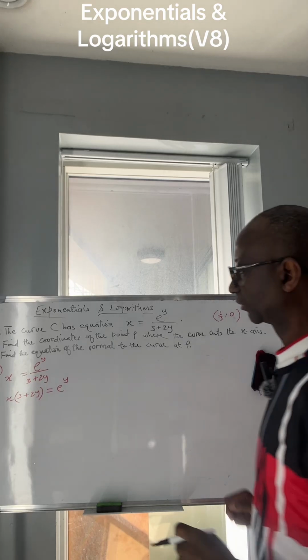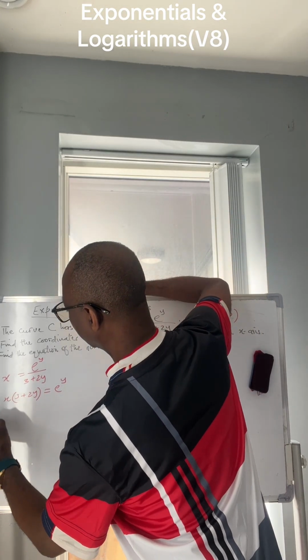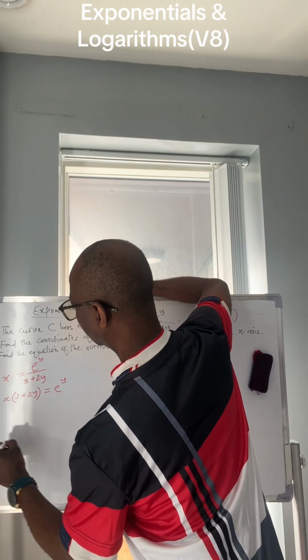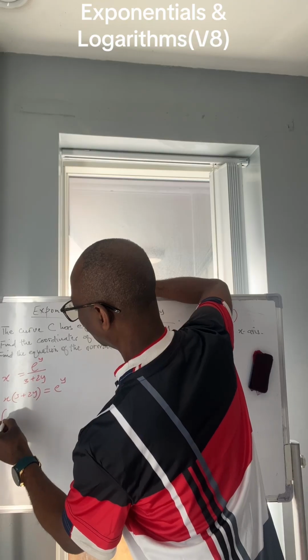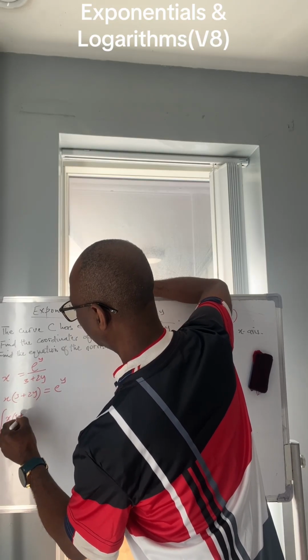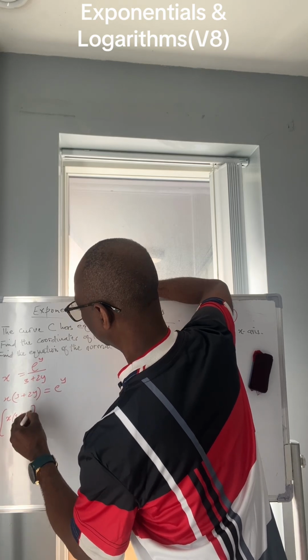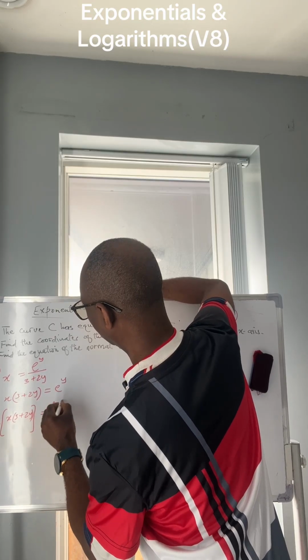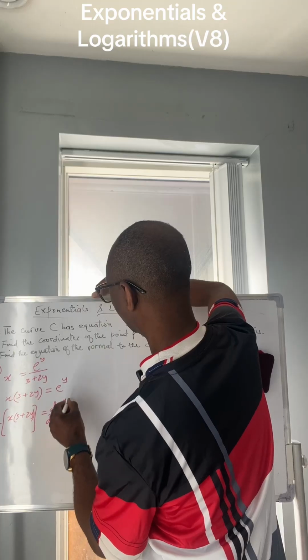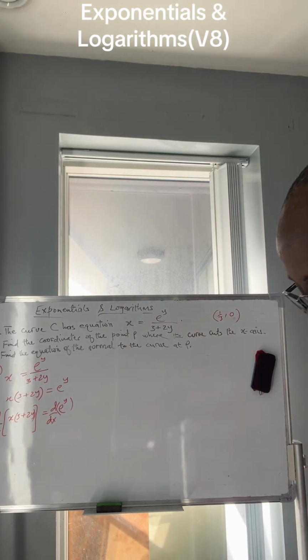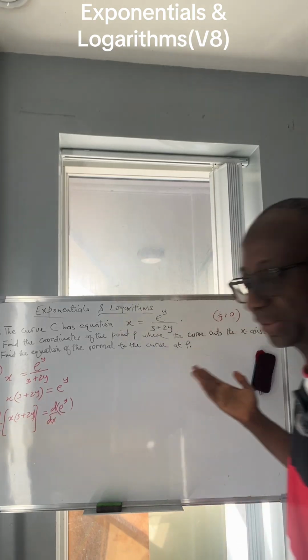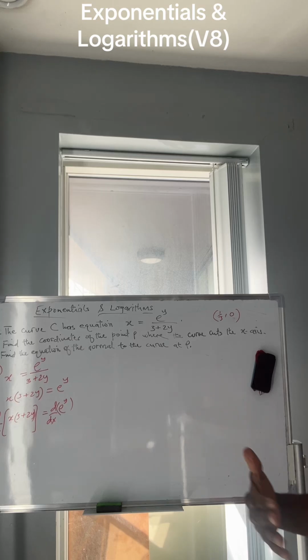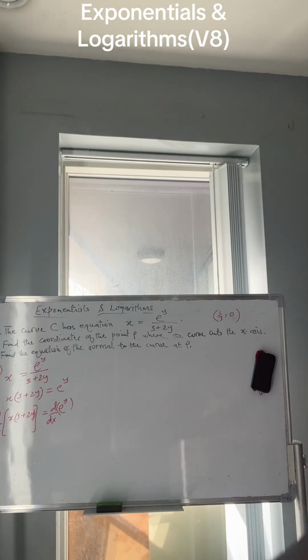We are going to differentiate d dx of x times 3 plus 2y equals d dx of e raised to the y, because you are differentiating with respect to x, not with respect to y. So this is now an implicit function, so we are going to differentiate it using the rules of implicit function.